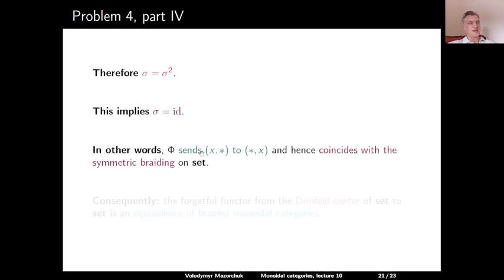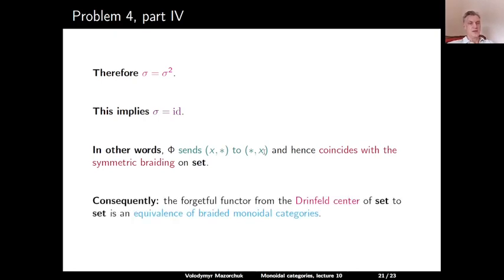In other words, phi sends (x, star) to (star, x), and hence it coincides with the symmetric braiding on our category Set. Consequently, the forgetful functor from the Drinfeld center to Set is an equivalence of braided monoidal categories. And this completes problem 4.